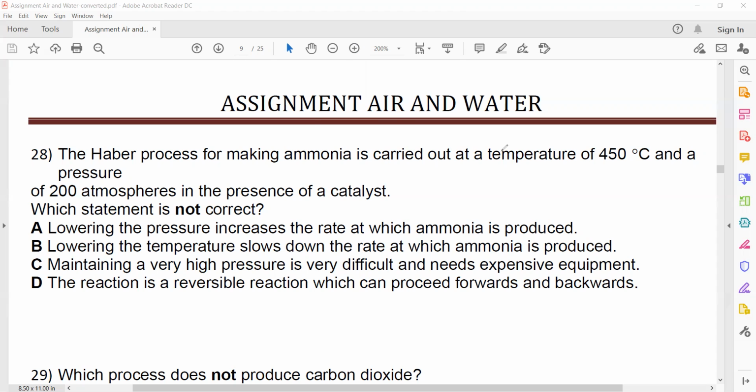That's wrong, because if you decrease the pressure, the rate of reaction will also decrease. So A is the answer. Lowering the temperature slows down the rate at which ammonia is produced. That's true. The rate or speed of a reaction decreases with temperature, or if you increase the temperature, it will increase. Maintaining a high pressure is very difficult and needs expensive equipment. That's true, so it increases the cost. The reaction is reversible, so it can proceed both forward and backward. So A is the incorrect answer.